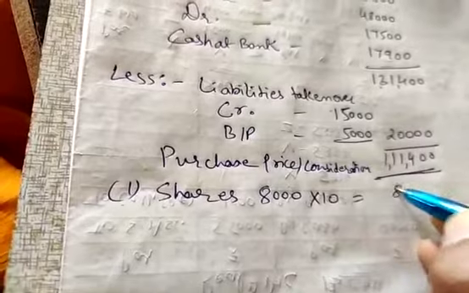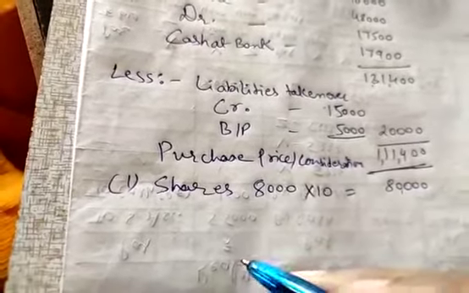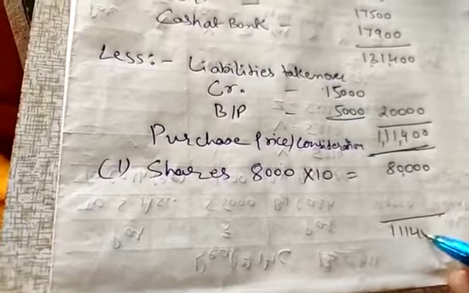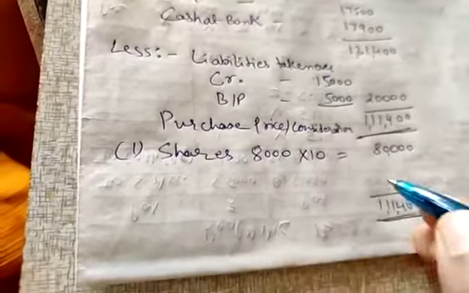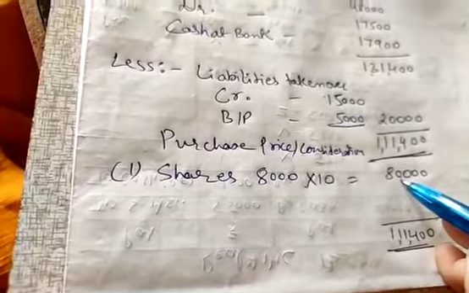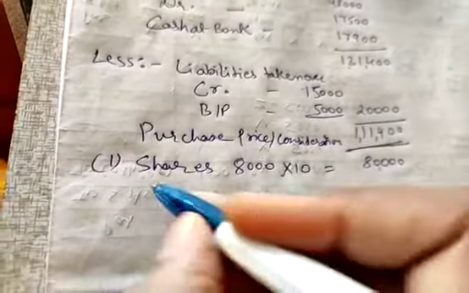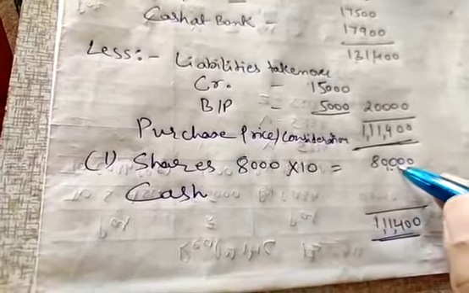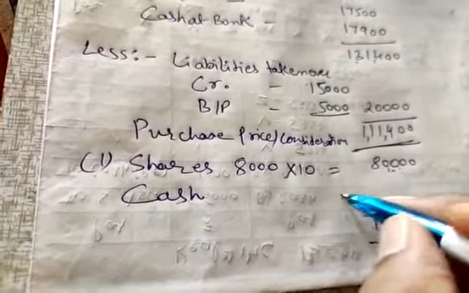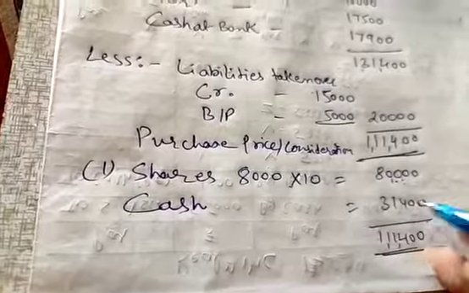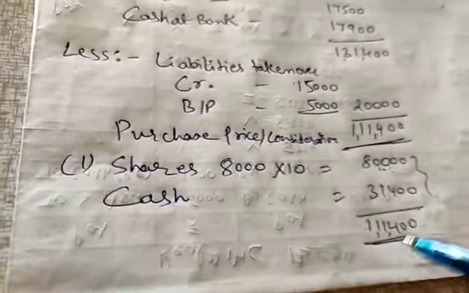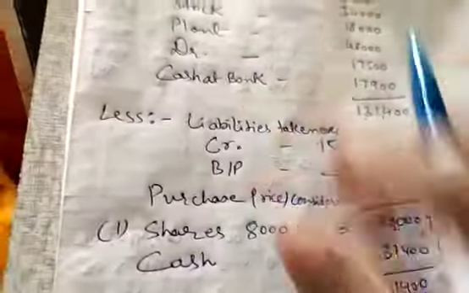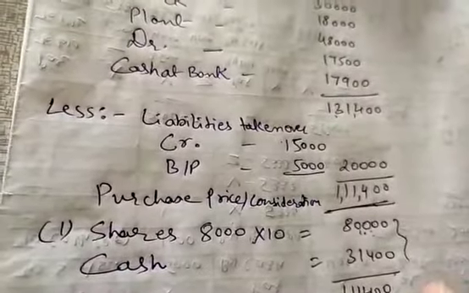So totally 80,000. The total purchase consideration is 1,11,400, and they're saying shares 8,000 of rupees 10 each, and balance in cash. So how much is the balance? 1,11,400 minus 80,000, balance we get 31,400. So in these two terms, the total purchase consideration is paid. So this is the solution of your one problem.